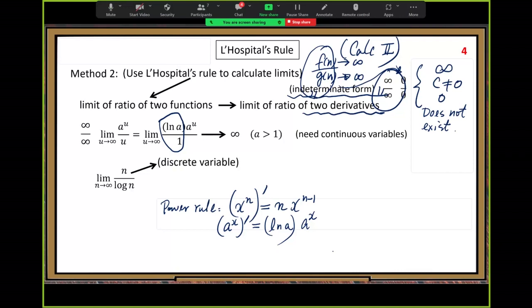So you have to use functions with continuous variables. When you consider derivatives, you have to consider functions with continuous variable. So here, let's consider the function with continuous variable x.